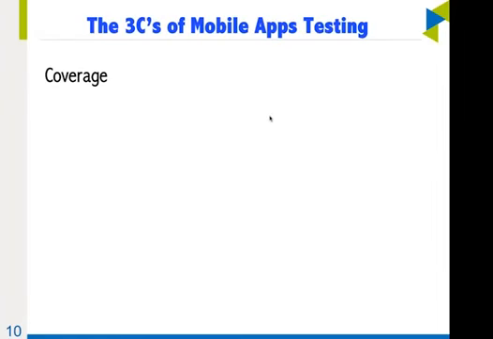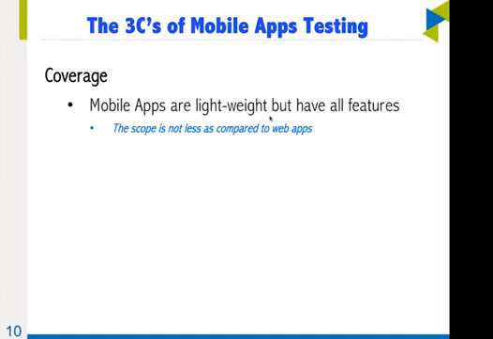But the main problem starts when we start to automate and see that a lot of things we are not able to automate, and hence automation fails. The mobile apps are lightweight, but they have all the features. The scope is not less as compared to web apps. So whenever we are planning to automate mobile apps, we must make sure that we have done a proper automation feasibility before we start estimating the automation effort.